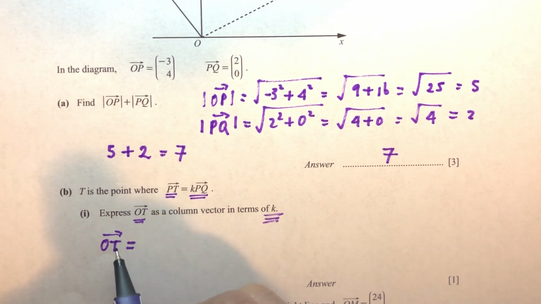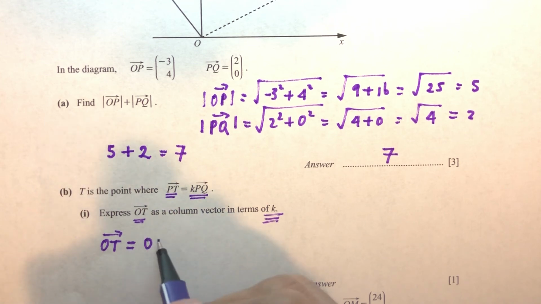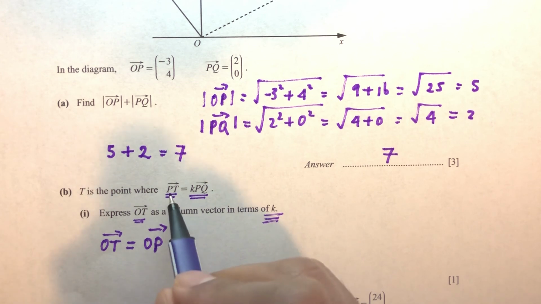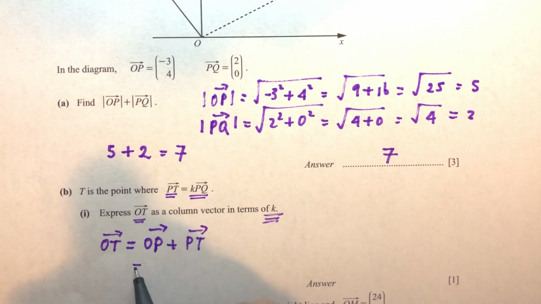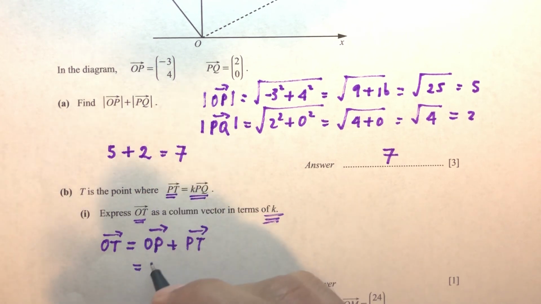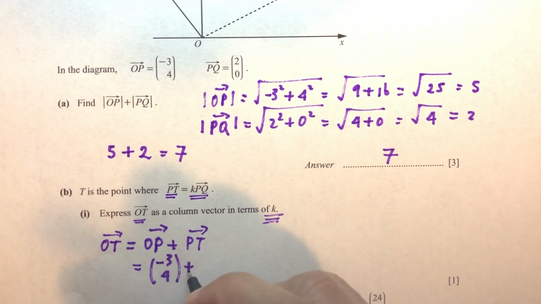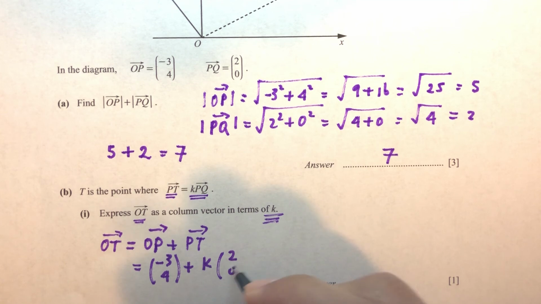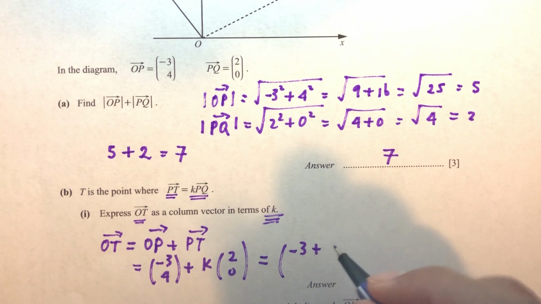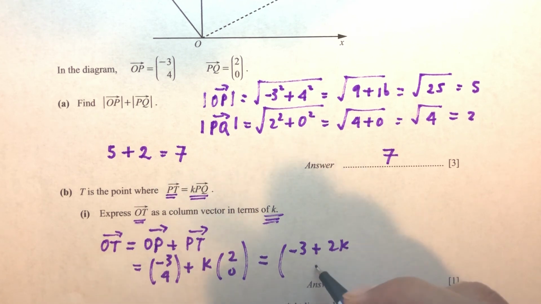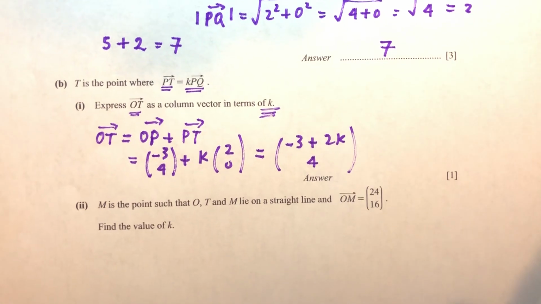I know that O can go to P, and from P it is given to us that P can go to T. So OT is OP, which is minus 3, 4, plus PT, which is K times PQ, which is 2, 0. We just have to expand, so minus 3 plus 2K, and that will be 4. So that's OT. Okay, now moving on to part 2.